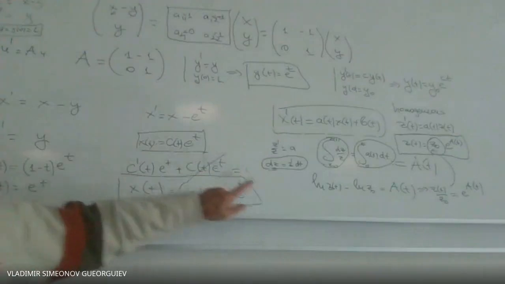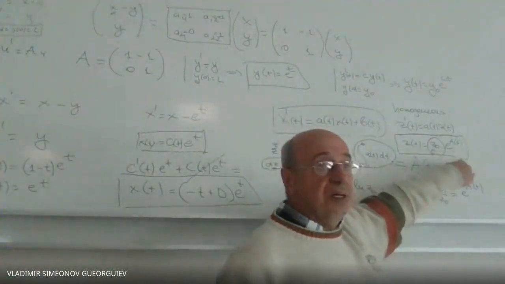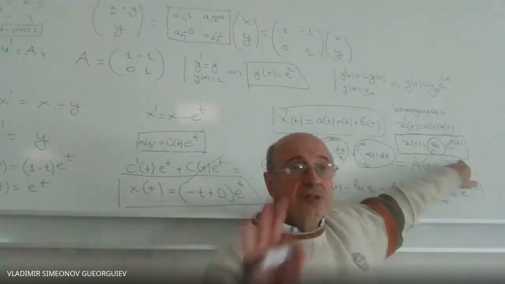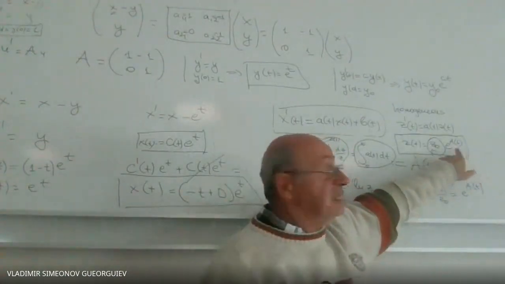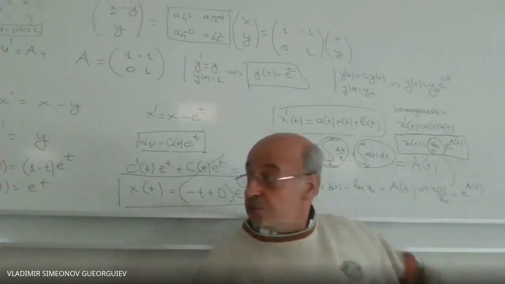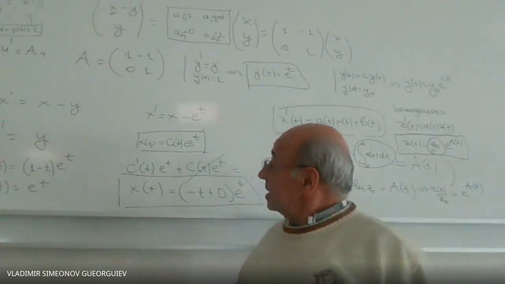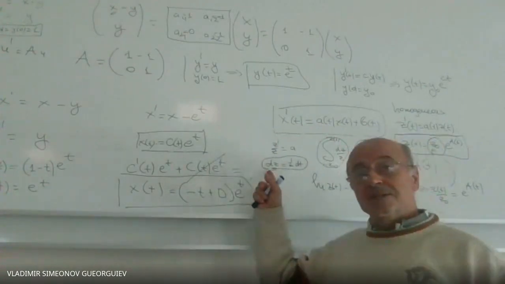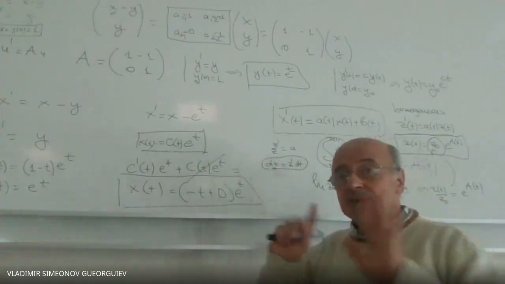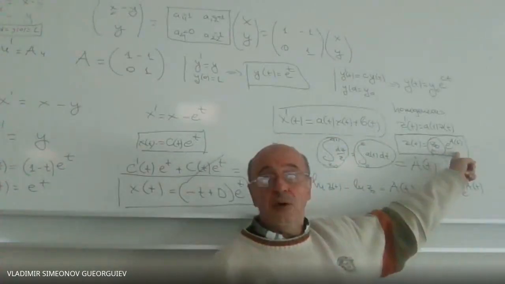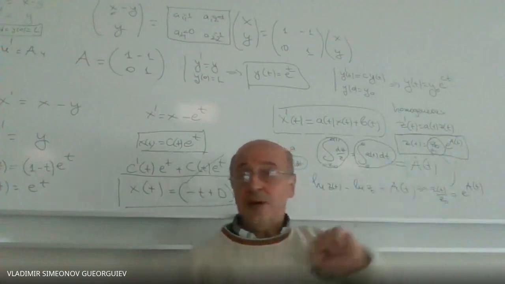Then e to the power A t, when I vary constants, I shall not touch. This exponent is important to cancel in our method, as we have seen the cancellation. You look, this guy is cancelled with the right-hand side. This cancellation is important, and we shall not touch the exponent. We shall touch only the constant.